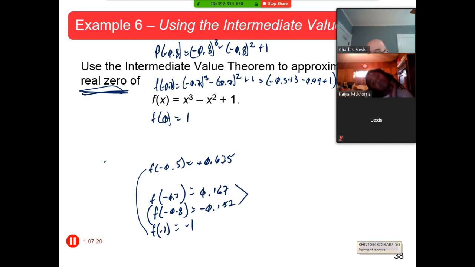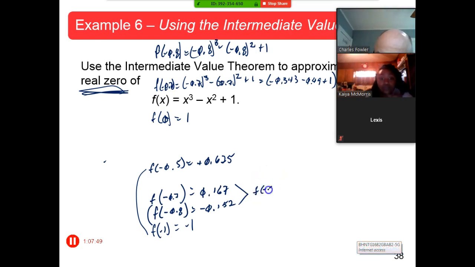We can keep doing this. We might try negative 0.75 then and see if that works. Negative 0.75 cubed minus negative 0.75 squared plus 1. Whoa, we got really close there.